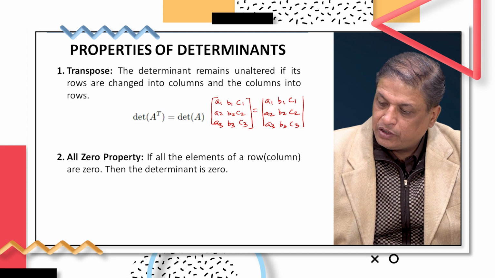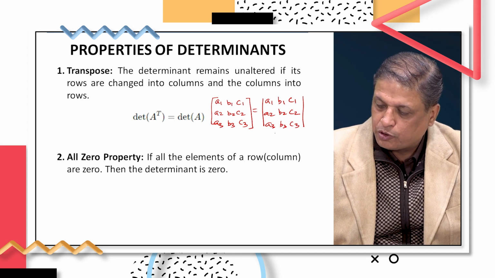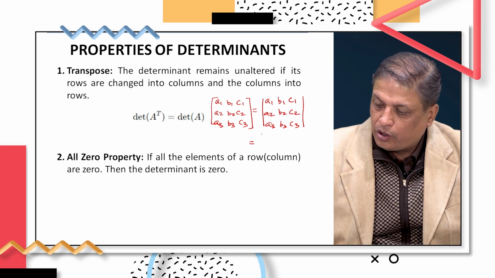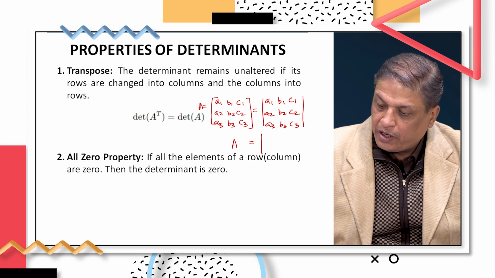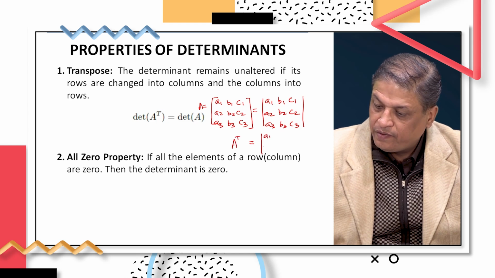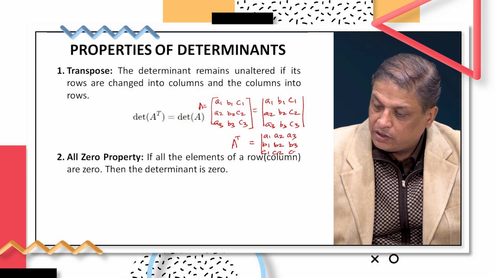Now, the value of this determinant will remain unchanged when we take the transpose. What do we mean by the transpose? When we change the rows into columns. So if this is equal to A, then the transpose of A, A T, will be equal to A1, B1, C1, A2, B2, C2, A3, B3 and C3.